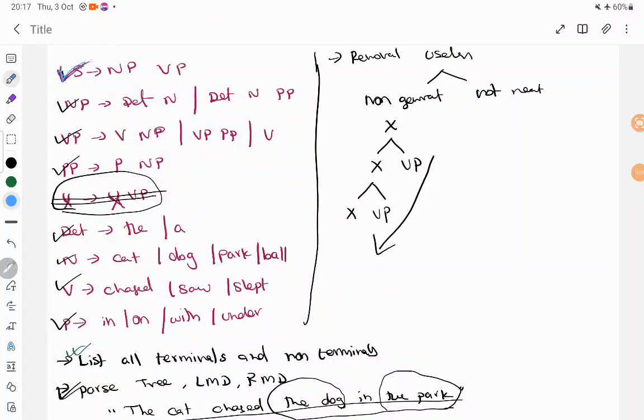S is the starting symbol, and S calls NP and VP, and NP calls DET and N. In the production of NP, it calls DET, N and PP. So all these things are reachable when I am deriving from the starting symbol. And again VP calls V, so V is also reachable, and PP calls P, so P is also reachable.